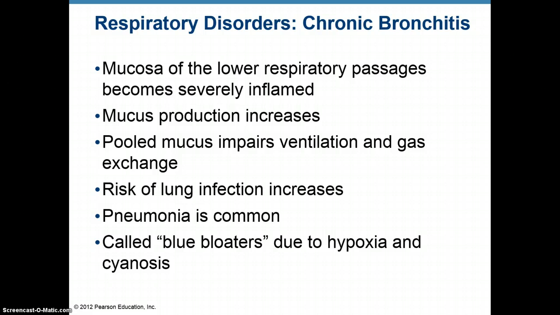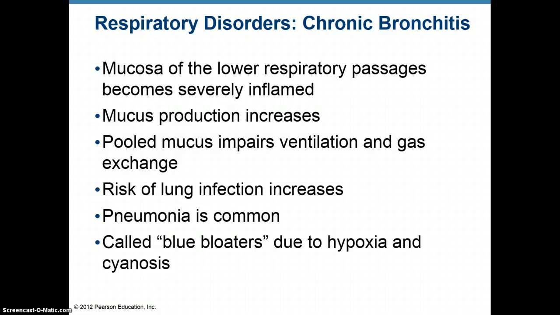That is fine, you always have mucus in your bronchi, but in this situation the production is increased. So the person has pooled mucus, and it interferes with the ventilation and the gas exchange of the person. People who have chronic bronchitis have a risk of lung infection.